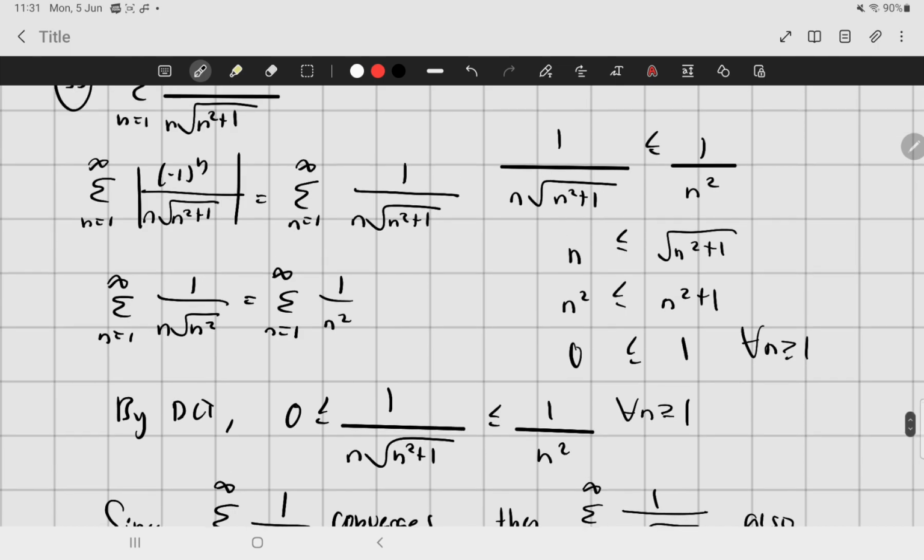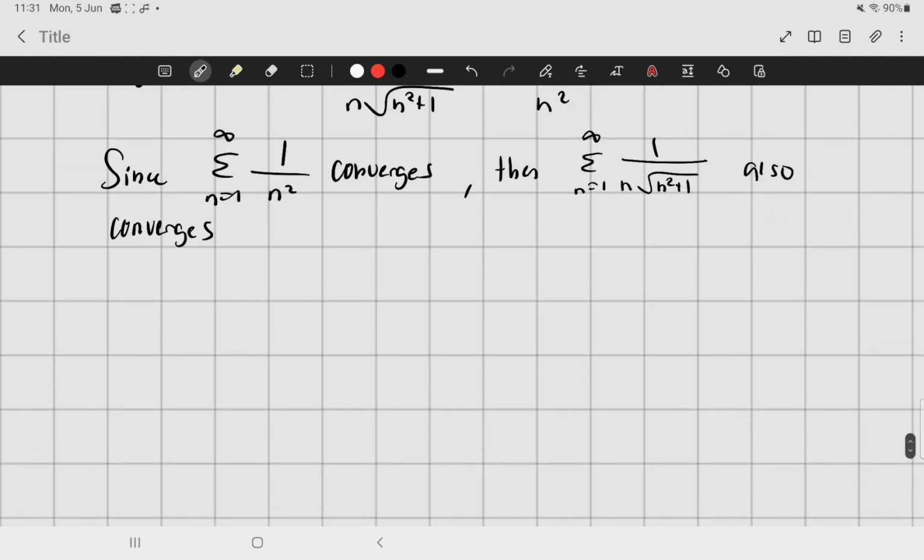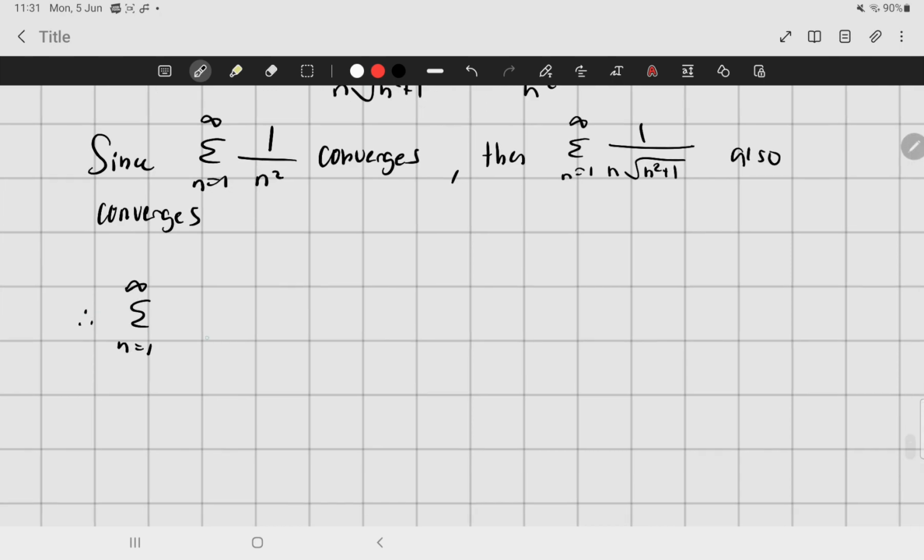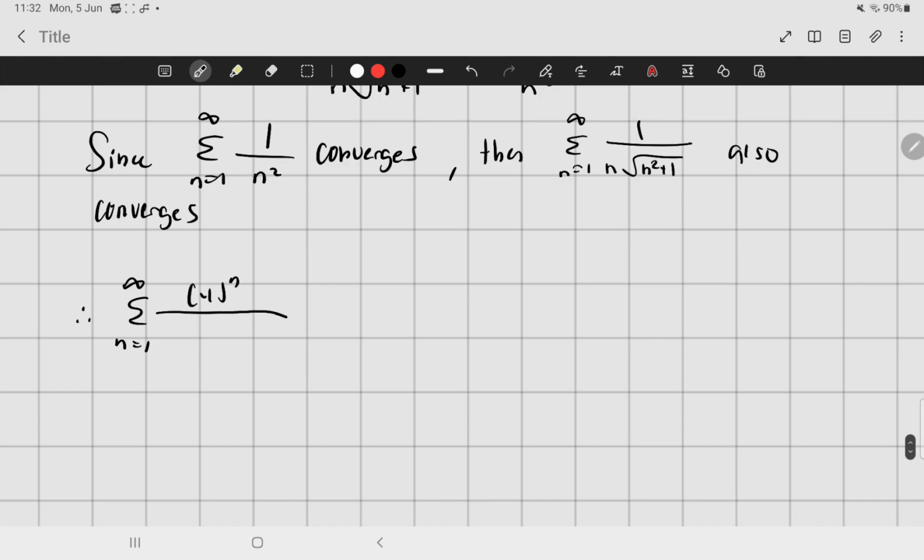The cool thing with the absolute value on our series is that if it converges, then the entire thing converges absolutely. So that's very cool. Therefore, this alternating series, n over n squared plus 1, converges absolutely.